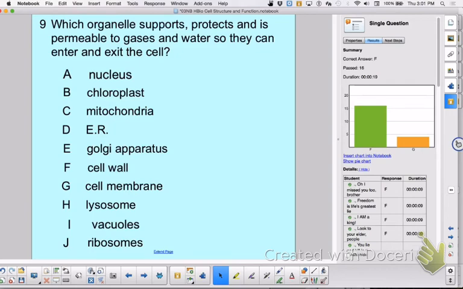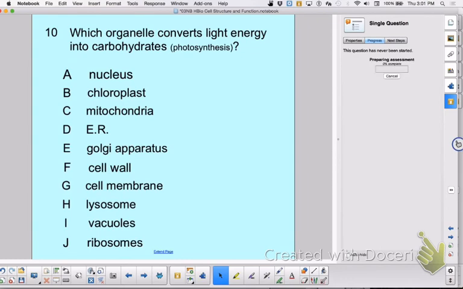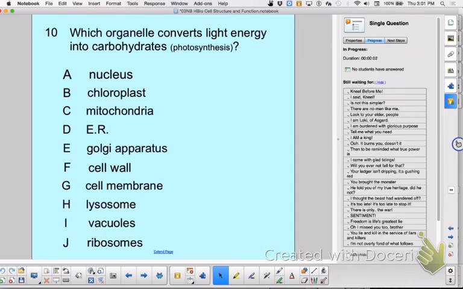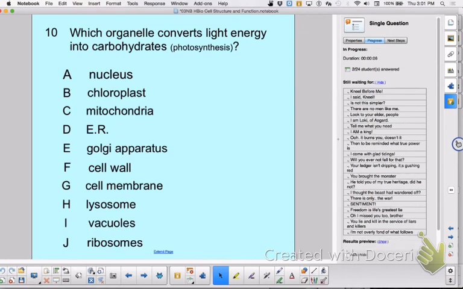Could you think of experiments I could use, AP biologists, to check how a cell membrane works as a model? Yes. I believe that's a potential essay question. Have you looked at them yet?